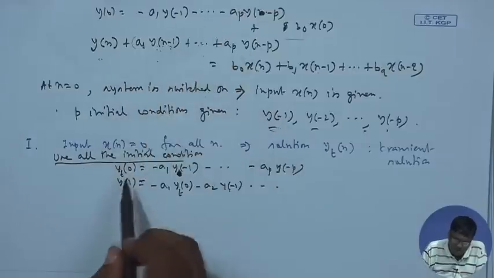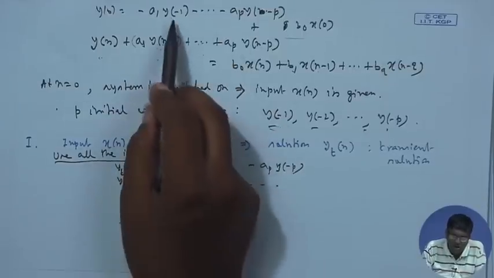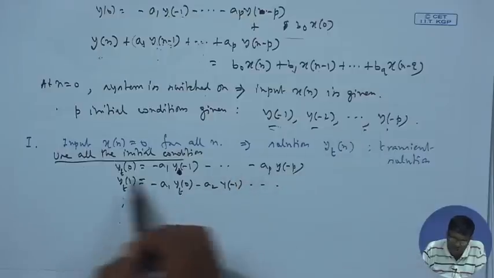Okay, y t 0, y t 1, y t 2; y minus 1, y minus p are these initial conditions that I put back. When I am using y t 0, I need y minus 1 to y minus p, those values I put back, I get y t 0.